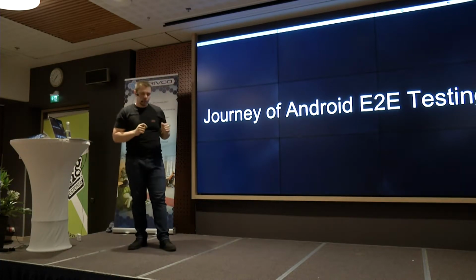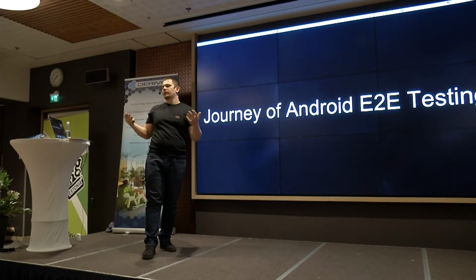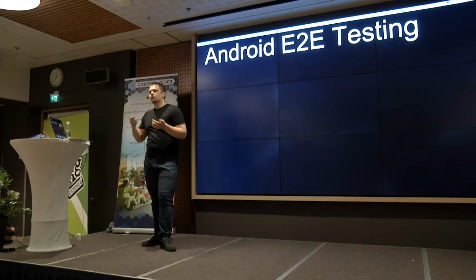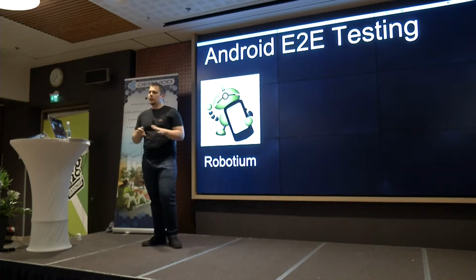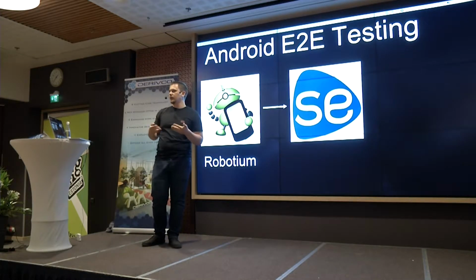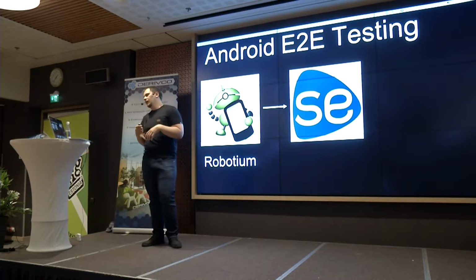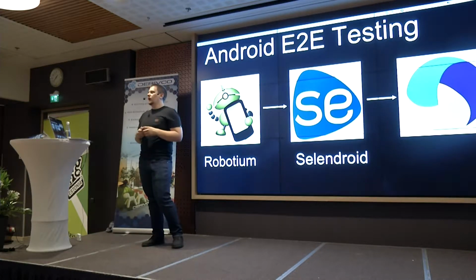But the whole point of today's talk, I'd really like to take you guys on a journey of Android end-to-end automation. And we'll start our journey by talking about Robotium, as I mentioned. Then there's something in between called Cell Android, which I'll try to explain in a couple of slides at least. And we'll end up using Appium.